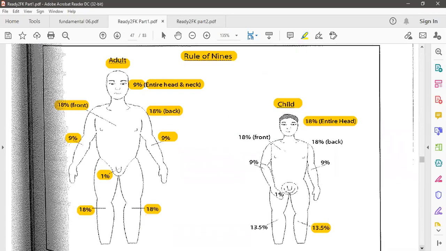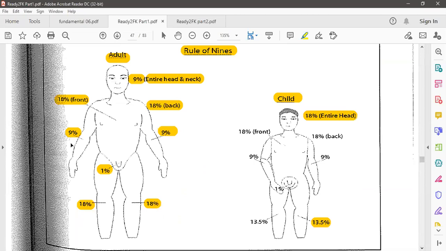Here in this picture, you can see the rule of 9. Head and neck area, we count 9%, entire head and neck. So if the patient's face has been burned, it is 9% burn.